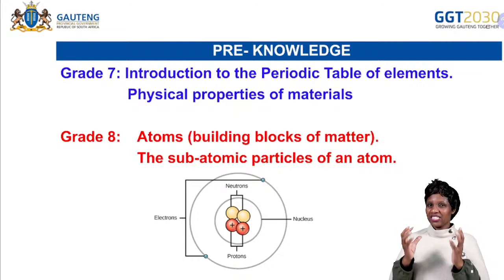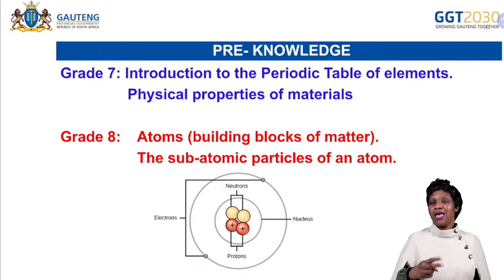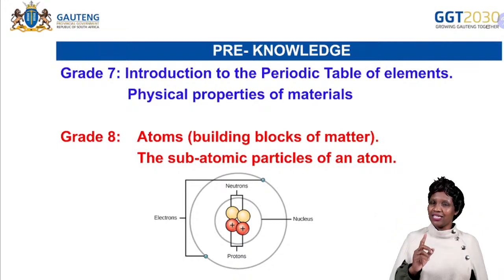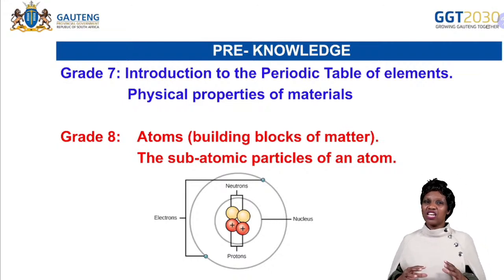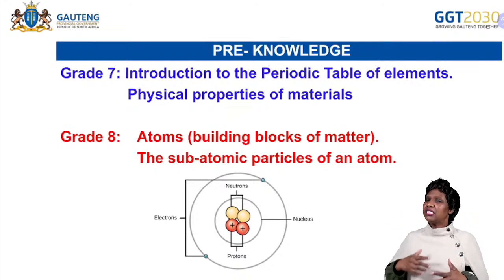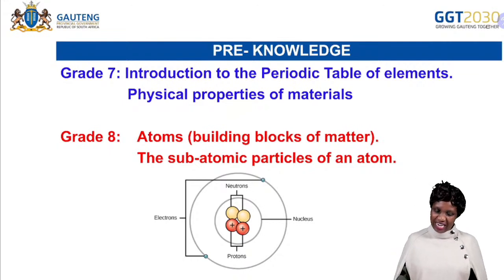It holds 2 electrons. And then we also have the second energy level, which holds up to 8 electrons. And then we can add on the third energy level depending on the atomic number of an element.